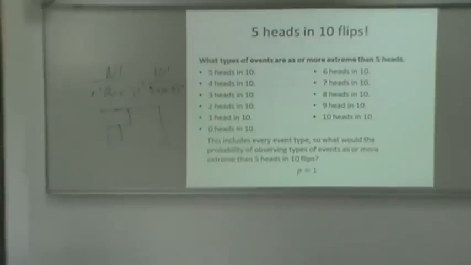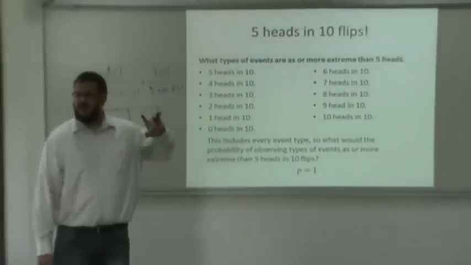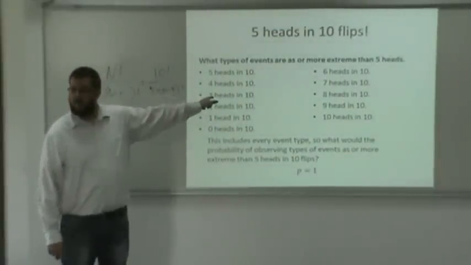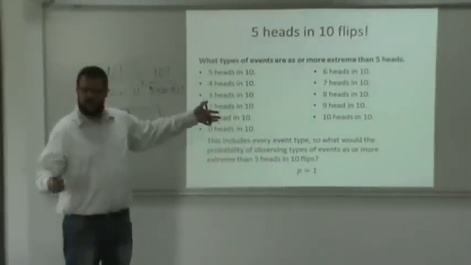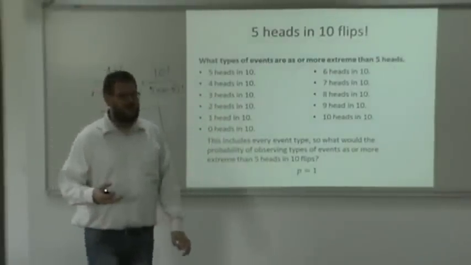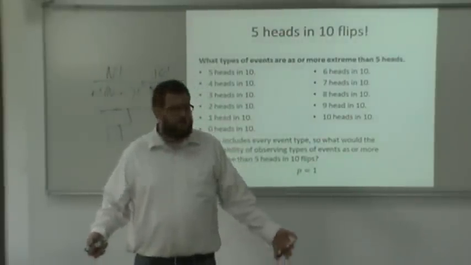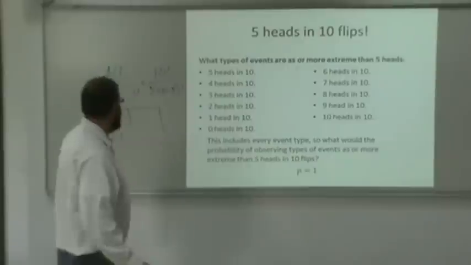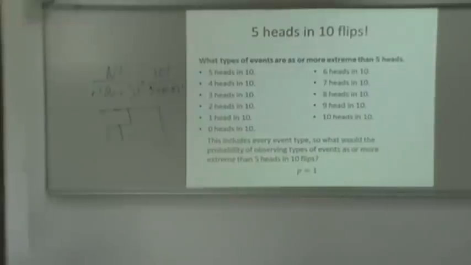Cool. Probability is 1 that you would observe an event as extreme or more than what we saw, right? Well, if the probability of observing an event like that, or more extreme than that, is 1, well, that's pretty good evidence that the coin is fair, right? Alternatively, when we saw 10 heads in 10 flips, what was the probability?